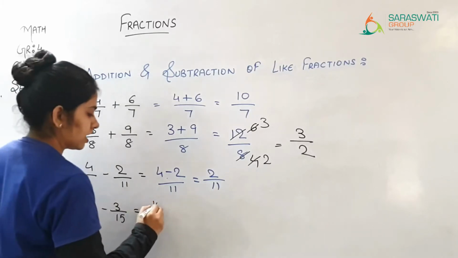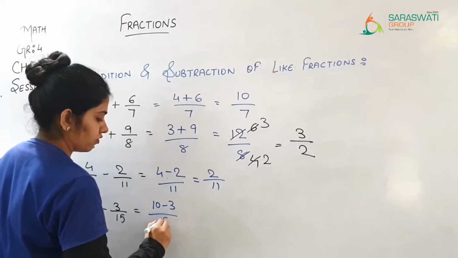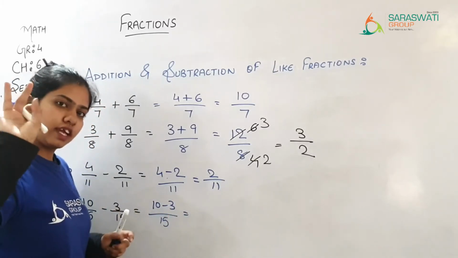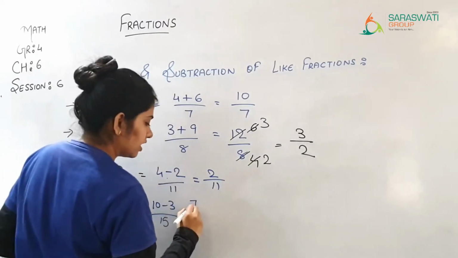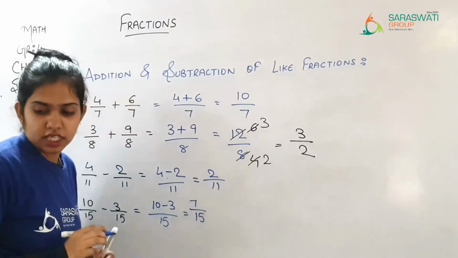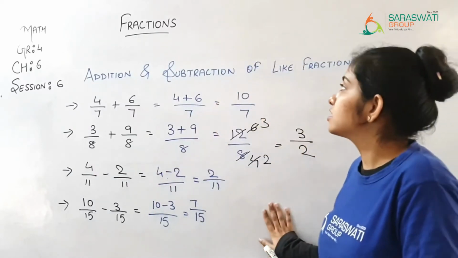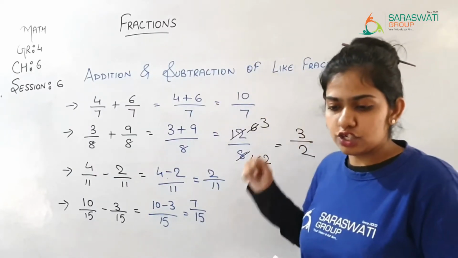So 10 minus 3 upon 15, 10 minus 3: 9, 8, 7, so that is 7, 7 upon 15. So in this way you are supposed to solve the addition and subtraction of like fractions.